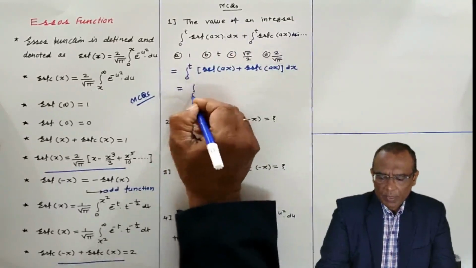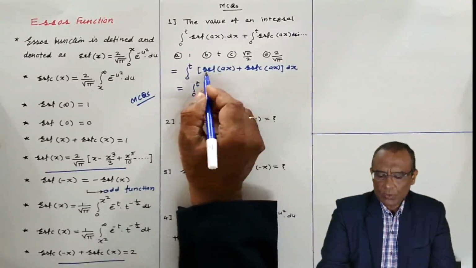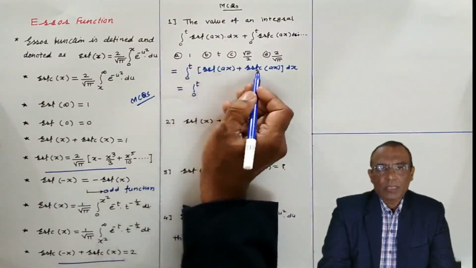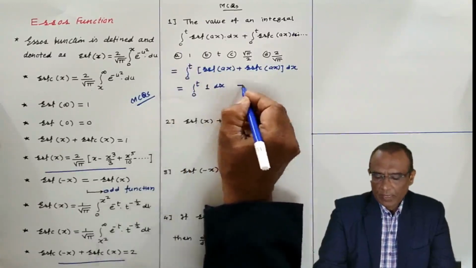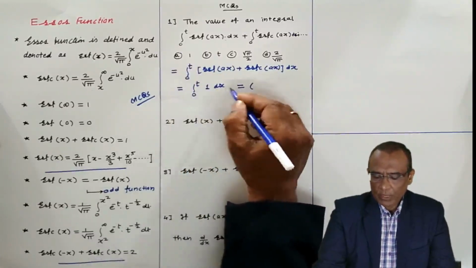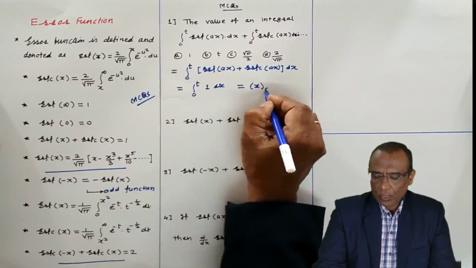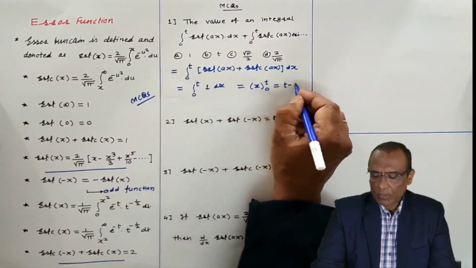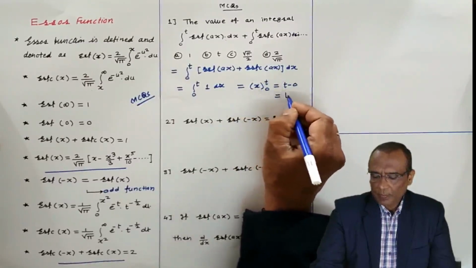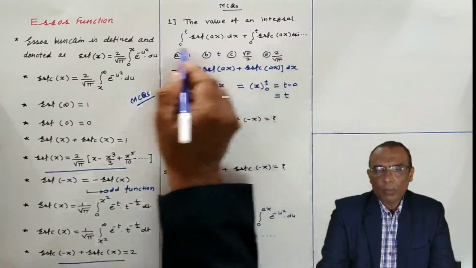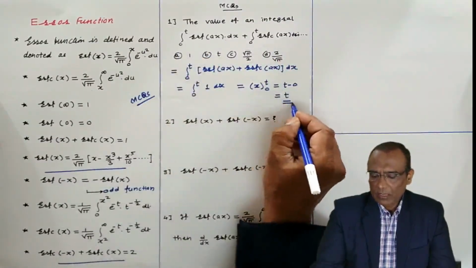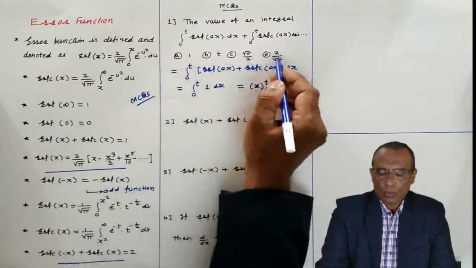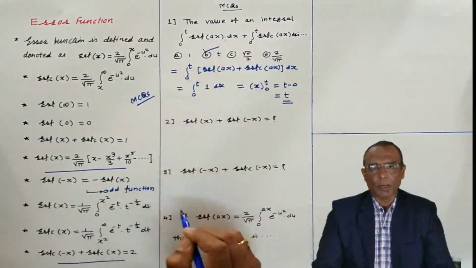And this type of simple results may be asked as an MCQ. ERF plus ERFC is 1, then integral of 1 with respect to x is x, lower limit is 0, upper limit is t, then put x equal to t, put x equal to 0, and finally the integral value of this integration is t that we found, and options are also given, so this is the correct option.